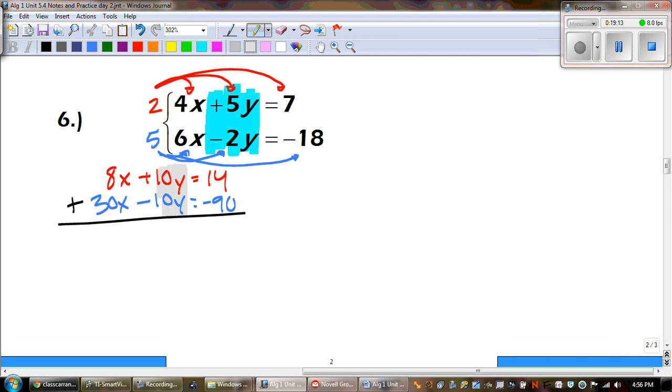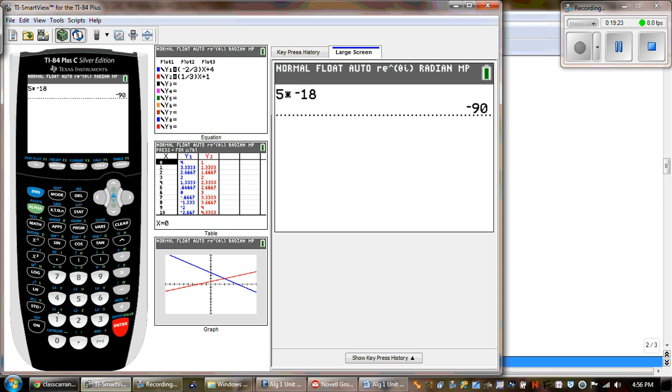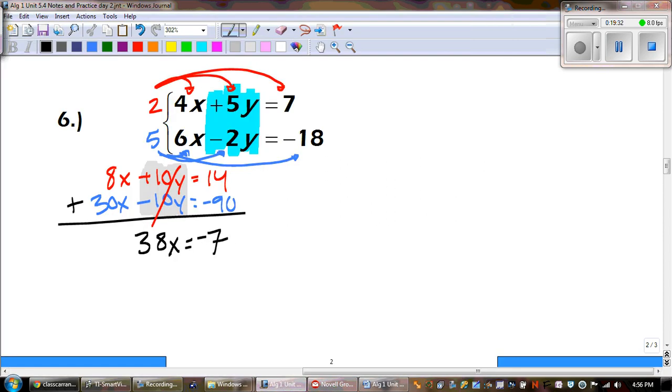Okay, well, just like we wanted to, those cancel. And now we have 38x equals, well, whatever 14 minus 90 is. I don't know that off the top of my head, do you? -76. Okay. To solve for x, we're going to divide by 38.